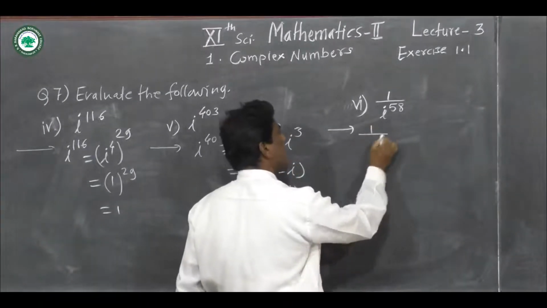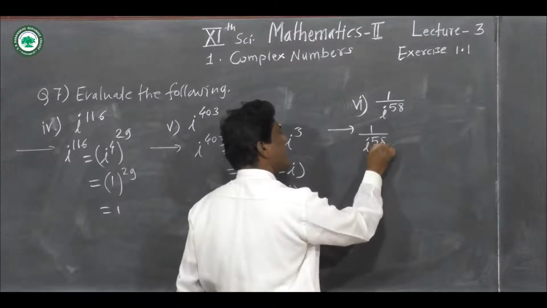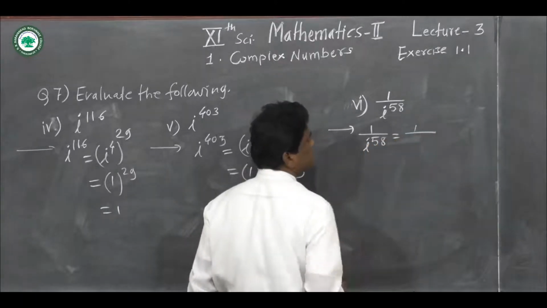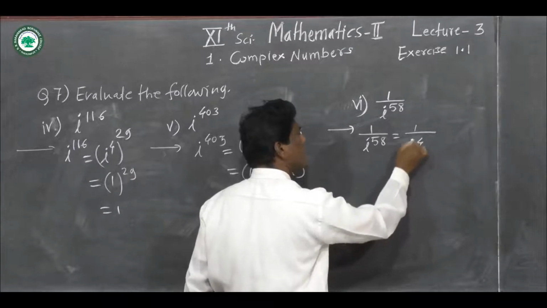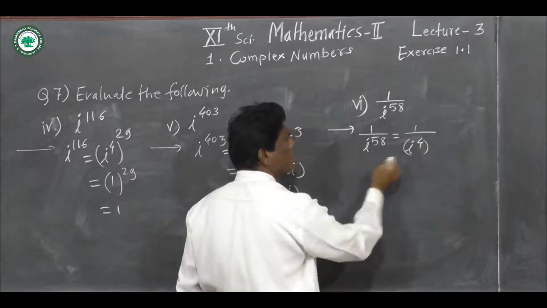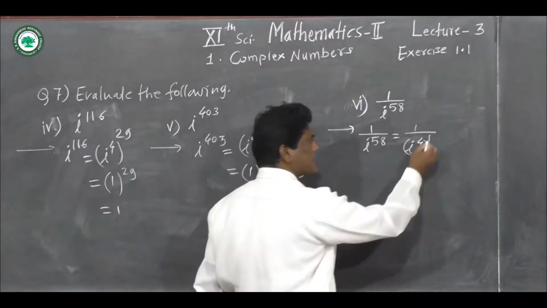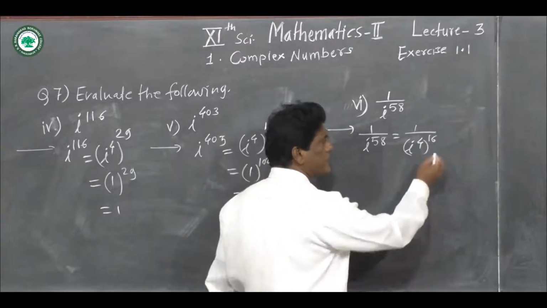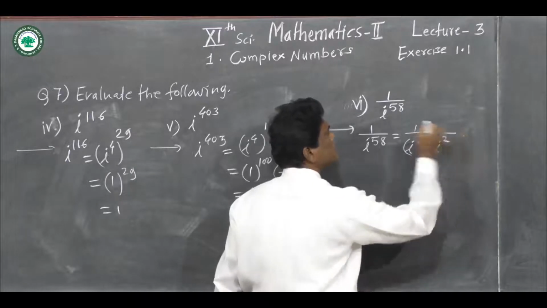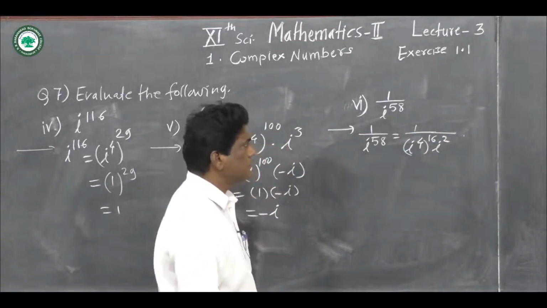So 1 upon i to the power 58 is equal to 1 upon i to the power 4, and divide by 4. 4 1s are 4, 1 and this 8, 18, and 4 4s are 16, 16 and 2 is 18, so i to the power 2.